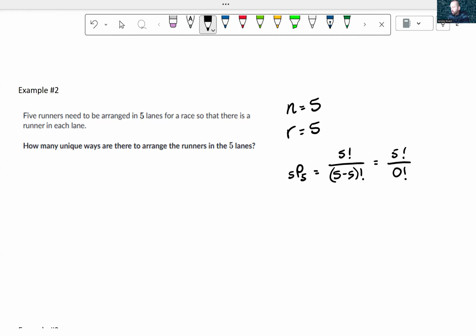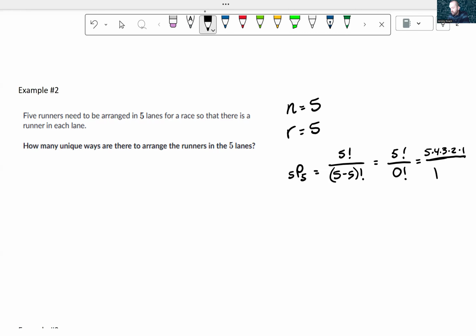Now 0 factorial, it is also very important to know that 0 factorial is equal to 1. It is not equal to 0, it's equal to 1. So 5 factorial, again, that's 5 times 4 times 3 times 2 times 1. And there is a factorial button on your calculator.